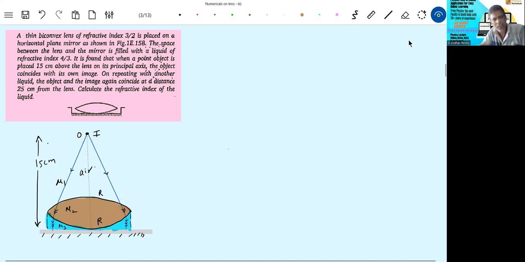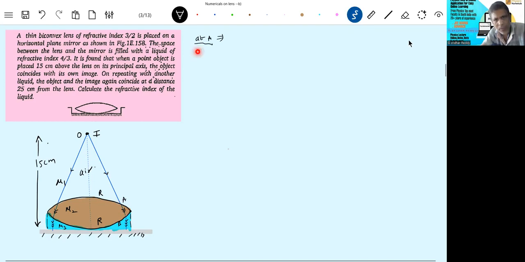So first refraction at surface A, then at B we will apply it. At A, the refracted ray is in a medium of refractive index mu2.